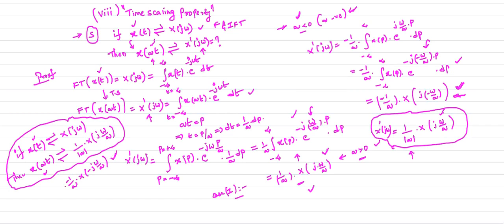Mod a means plus or minus: if a is less than 0 we consider minus a, and if a is greater than 0 we consider plus a, and the result is 1 by a into X of j omega by a.